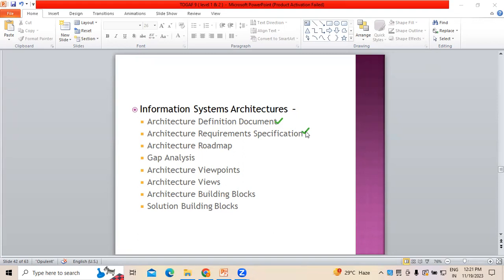That sort of knowledge is essentially required, because we are developing different information systems, so one has to have a complete understanding of information systems architecture, which majorly focuses on architecture requirement specifications, all that.